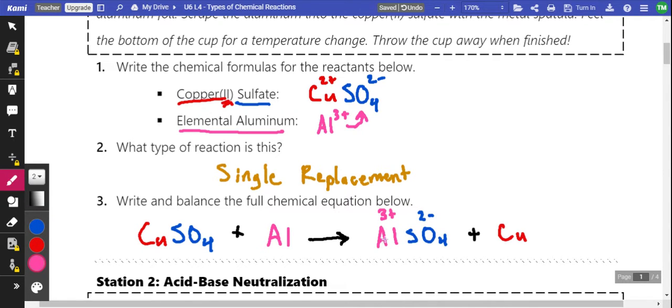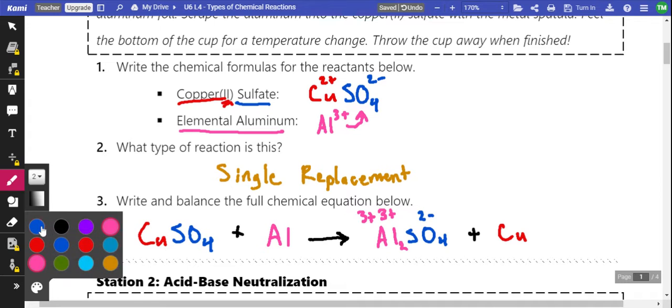I'm going to need some number of these and some number of these that get the charges to cancel. So one of these and one of these is not going to work. One of these and two of these is also not going to work. I'm either left over with excess positive or excess negative. If I want these to meet in the middle and cancel, I could probably get these both to +6 and -6. If I had two Als, that would give me a +3 and a +3.